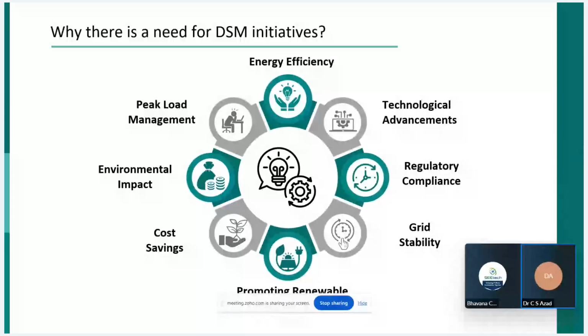Because all the discoms have to purchase power from the generators. These generators may be thermal units, hydro units, gas-based units, private entities or government entities, but the discom has to purchase the power from them.